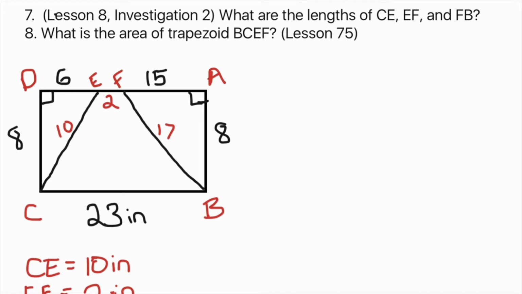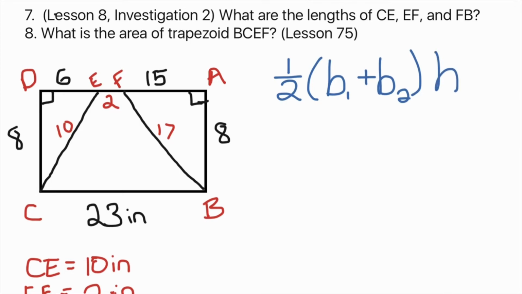For number 8, we had to find what is the area of trapezoid BCEF, and this is from Lesson 7.5. So first, let's recall what the formula is for the area of a trapezoid. 1/2 times base 1 plus base 2 times the height. So we start with 1/2, and then we have two bases.